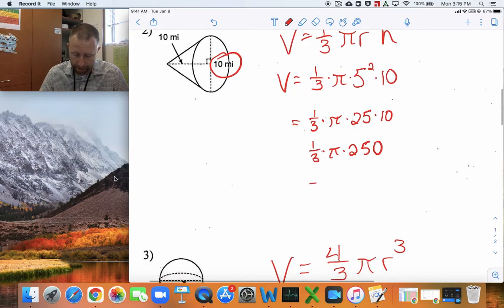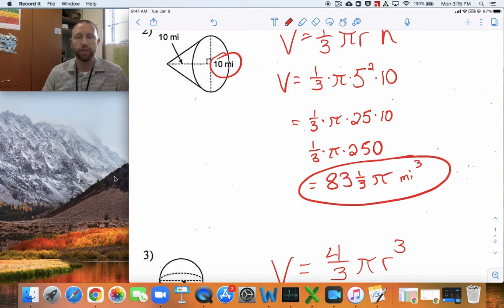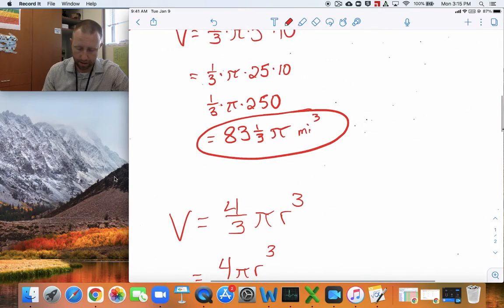Either way, that gets me my answer of 83.3 repeating, which we know is 83 and 1/3 pi. And then this one is in miles. It's a huge cone. So this is 83 and 1/3 pi cubic miles for my first answer. Now for my second answer, I'm actually going to go ahead and multiply 83 and 1/3.